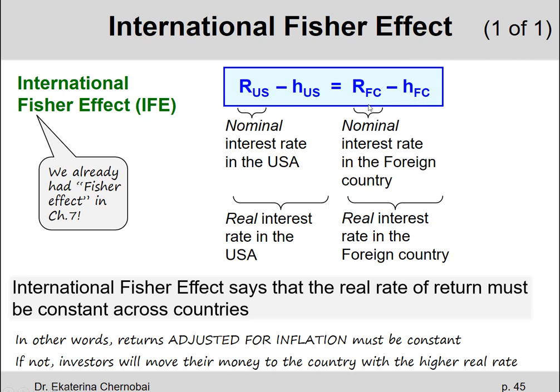But the difference between the nominal rate and inflation gives the true wealth you earn on your money. And that true, real rate of wealth that you earn on your money should be equal across all the different countries. So that's what the International Fisher Effect says.